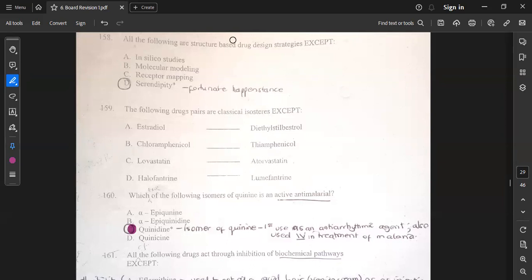Isosteres are atoms, molecules, or ions of similar size containing the same number of atoms and valence electrons.